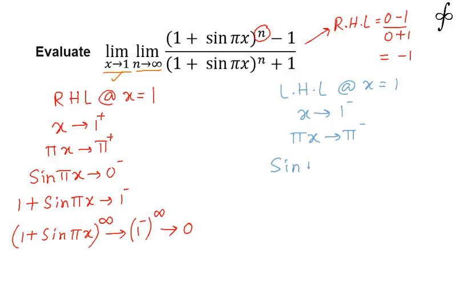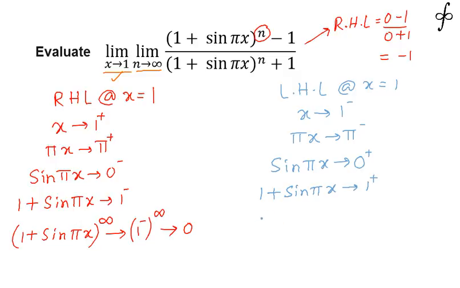Sine pi x will be slightly more than 0, because the angle is slightly less than pi, in the second quadrant, where sine is positive. So sine pi x will tend to 0 plus, and naturally 1 plus sine pi x will be slightly more than 1, so we can write it as 1 plus.